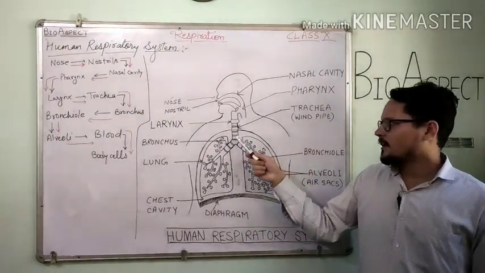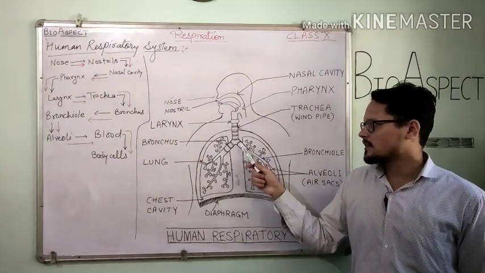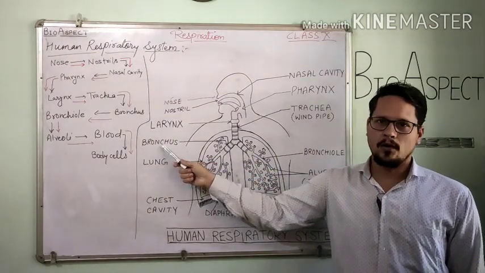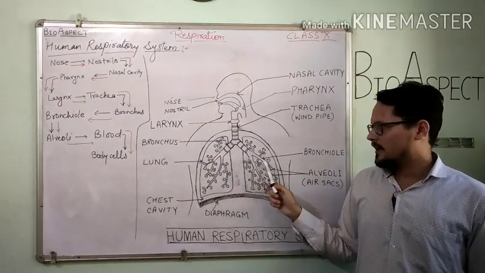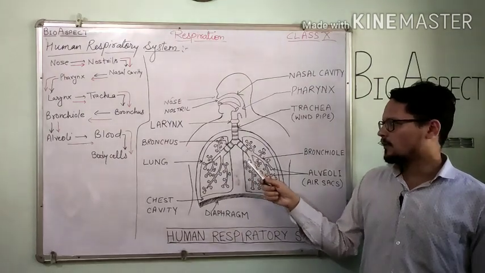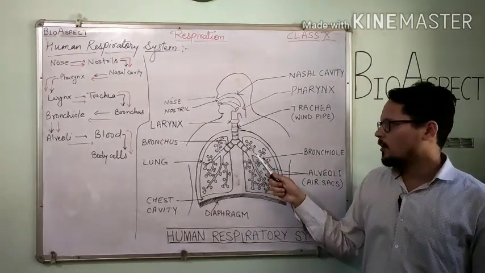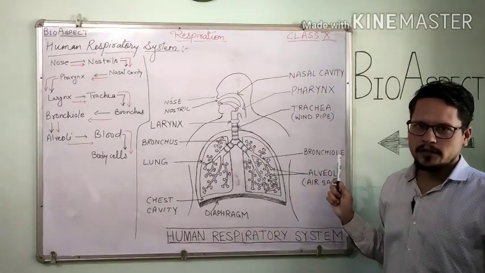After that, this trachea is divided into two separate tubes, and these two separate tubes are called bronchus, which lead into separate lungs, left and right lungs. Inside the lungs, the bronchus are divided into smaller branches. These smaller branches are called bronchioles.